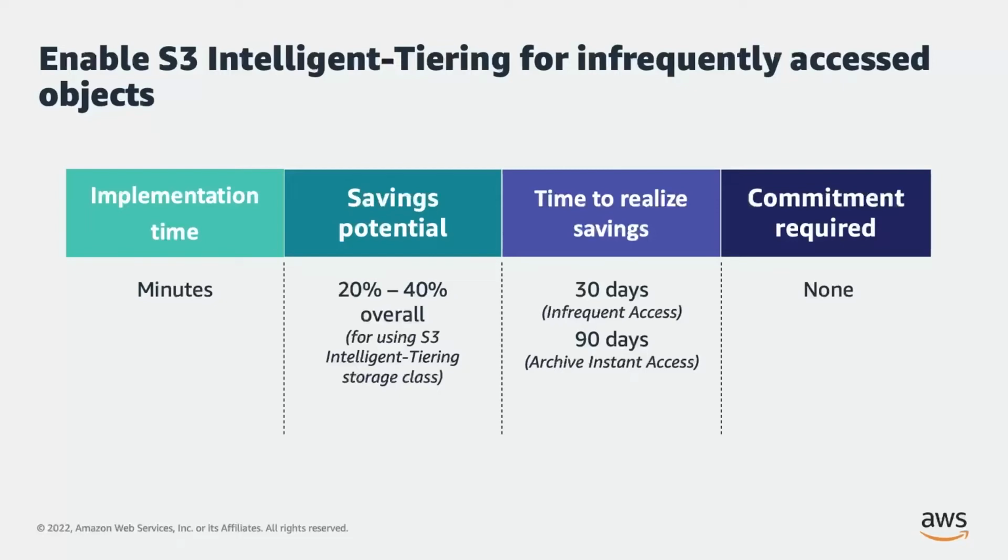Anything above 1 megabyte, for example, as the monitoring and automation considers the number of objects managed, but not their size, right? And this way you can maximize your return on investment. Objects that are smaller than 128 kilobytes will not be managed across tiers, but at the same time, you will not be paying a fee for this either. And again, there's no commitment required to use S3 Intelligent-Tiering.